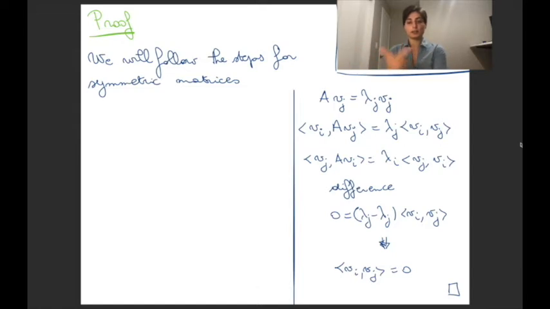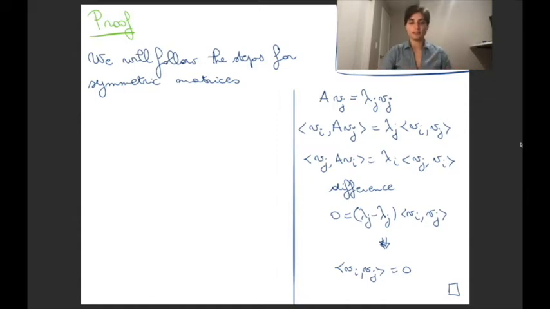Because the inner product doesn't change if you swap the order, and A is a symmetric matrix, the first column is the same. So when we take the difference, they disappear. And the second column will have just lambda j minus lambda i times Vi times Vj. This allows us to say that the inner product of Vi and Vj is equal to 0.